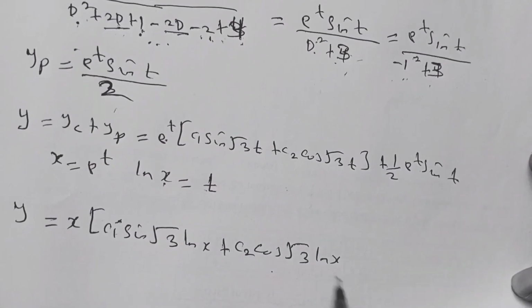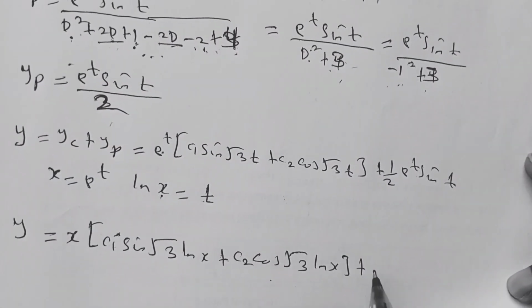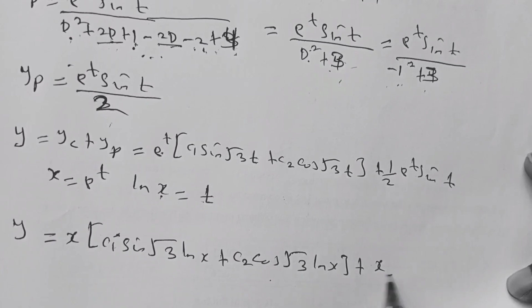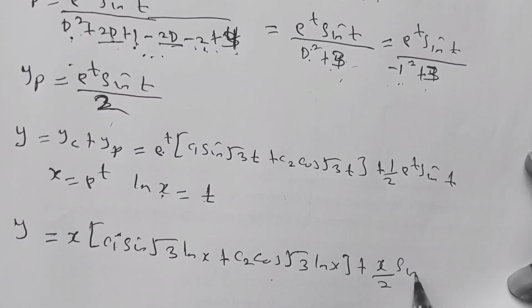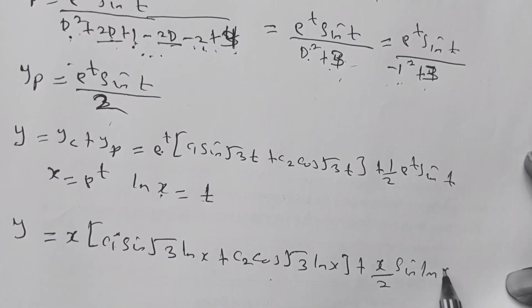We close the bracket plus x over 2 sine of ln of x.